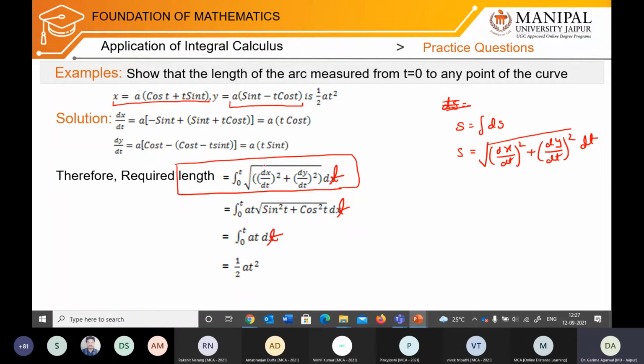So we substitute the value of dx by dt and dy by dt, and the limit will be 0 to t, measured from t equals 0 to any point on the curve. So I'll take any point, t, 0 to t. After integration I'll get the required length, right?